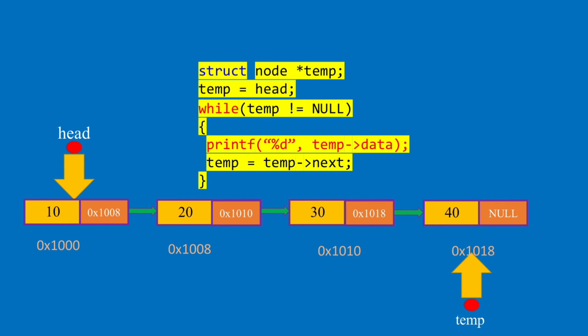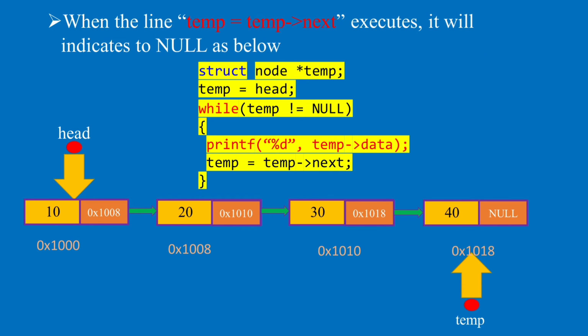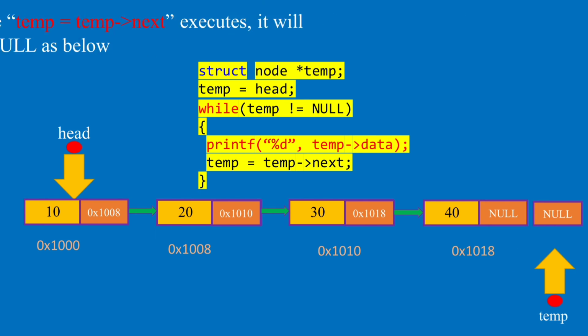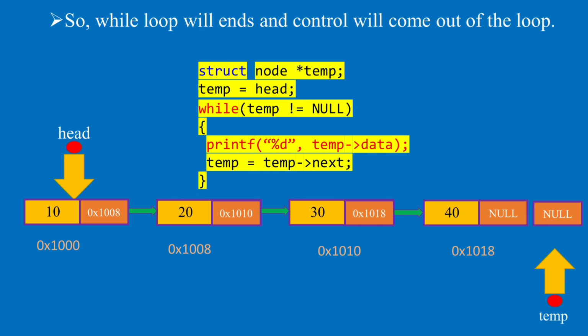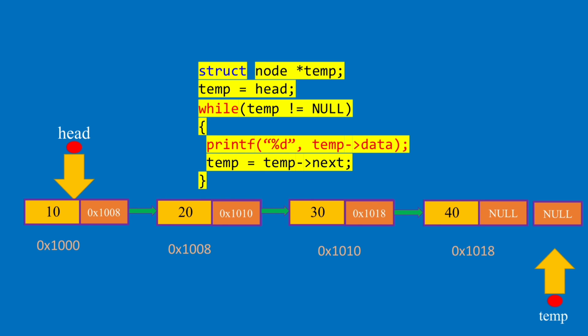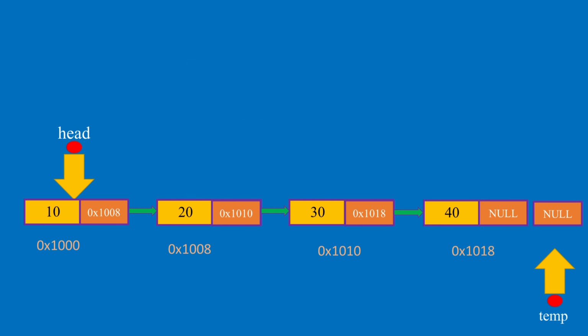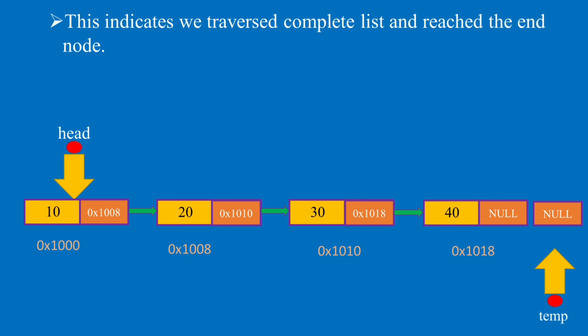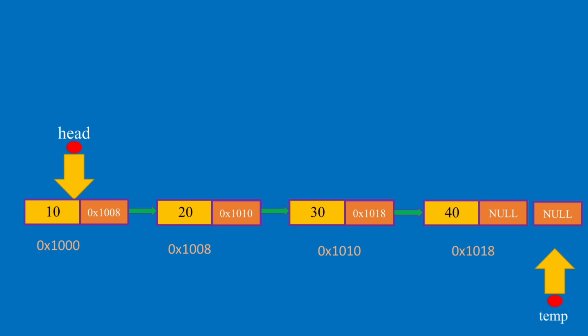When the line temp equals temp pointer next executes, it will point to null as below. So, the while loop will end and control will come out of the loop. This indicates we traversed the complete list and reached the end node.